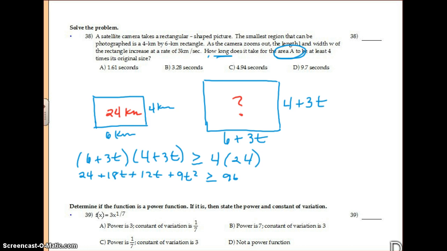So that now I have 9t squared plus 30t, and then I've got 24. I'm going to subtract 96, so that would be minus 72 is greater than or equal to 0. Once I get my function, then I'm going to graph that and tell when my function itself is greater than or equal to 0. So when is the function greater than or equal to 0?